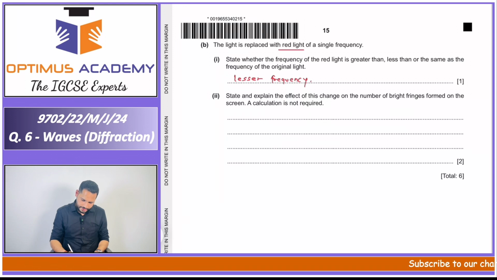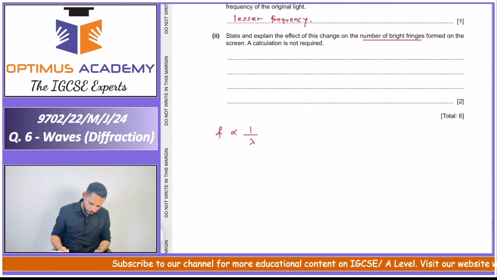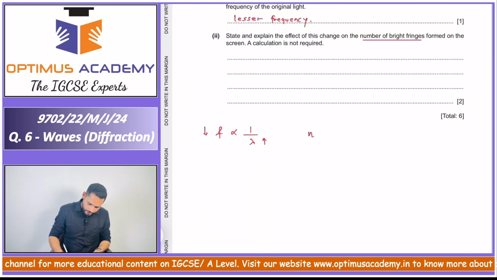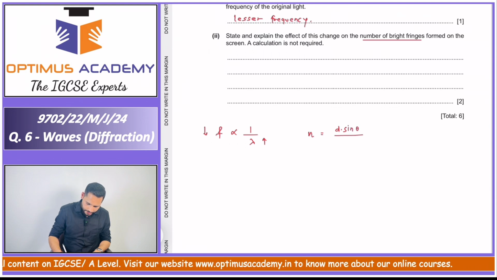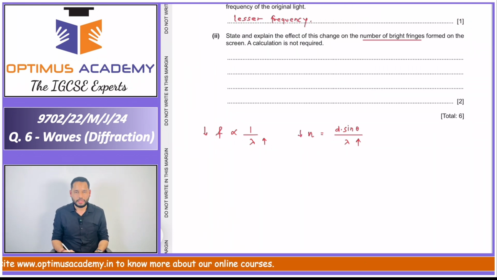The next question says, state and explain the effect of this change on the number of bright fringes formed on the screen. A calculation is not required. We know that frequency is inversely proportional to wavelength. If the frequency is lesser, the wavelength is going to be greater. And for the number of fringes, we use the formula d sin theta upon lambda. If lambda increases, then the number of maxima is going to be lesser.